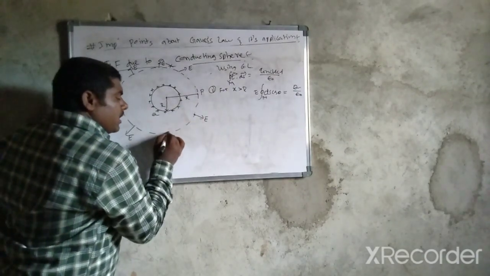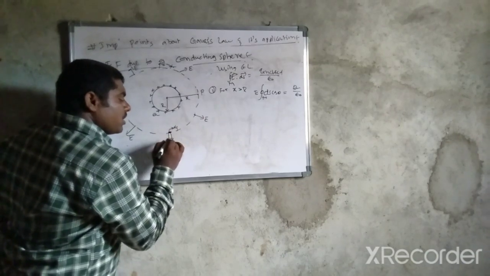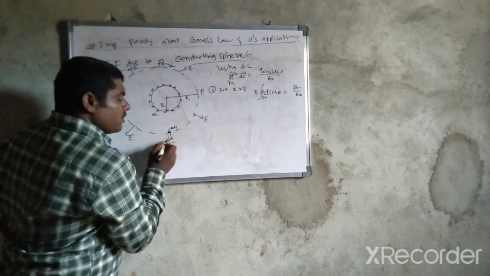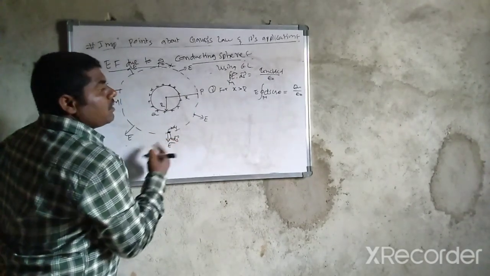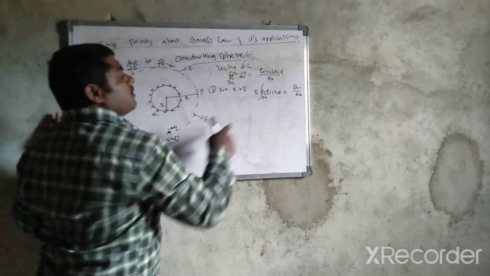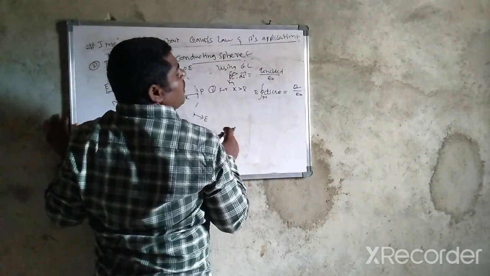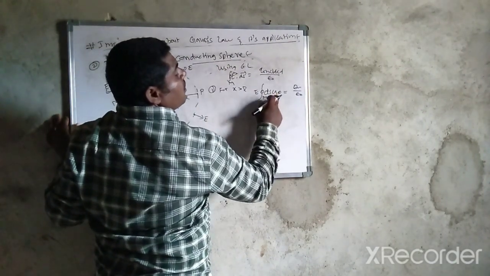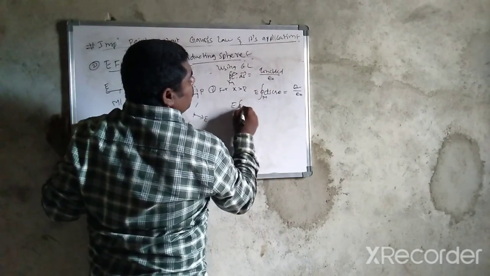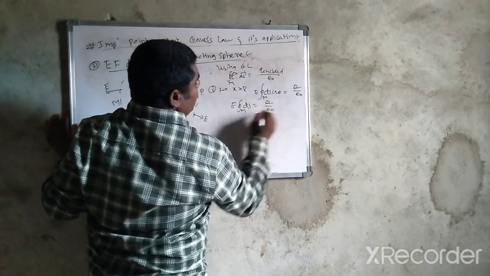Let us consider this ds area. This ds is normal to the surface and parallel to the electric field. The angle between the electric field and the area vector is 0, so cos 0 is equal to 1. That's why E into the closed integral of ds is equal to Q divided by epsilon naught.